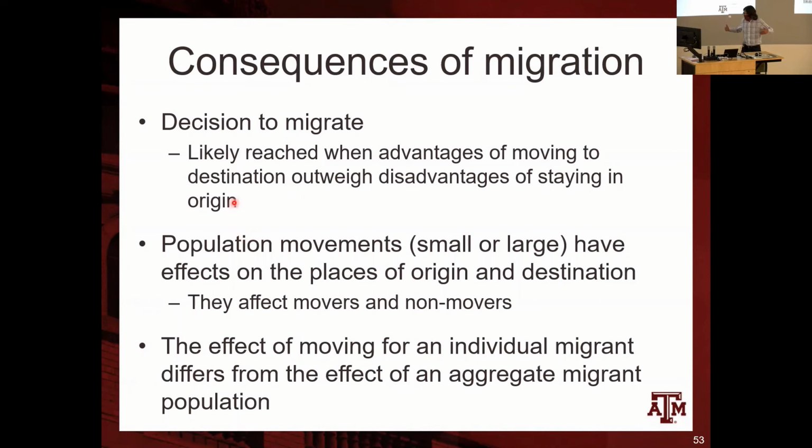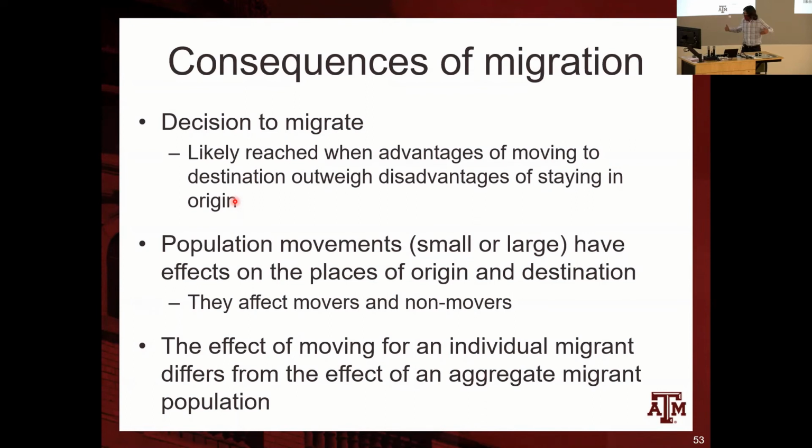And we are analyzing the characteristics of people that are more likely to migrate by age, by education, and by occupation. These people influence the areas of destination where they're moving to, but they also influence the area of origin where they left, because the areas of origin will change their population composition because of losing these people.